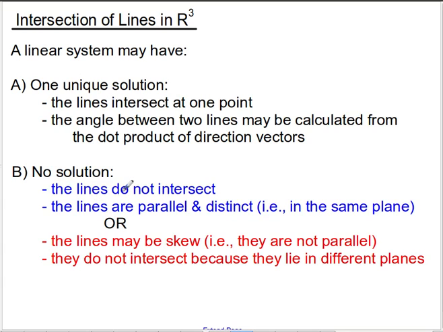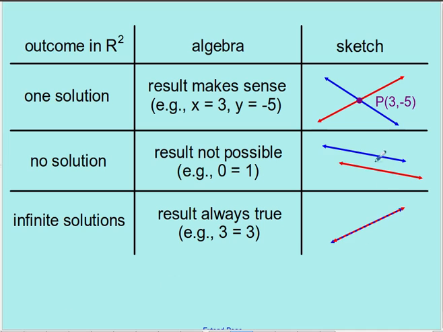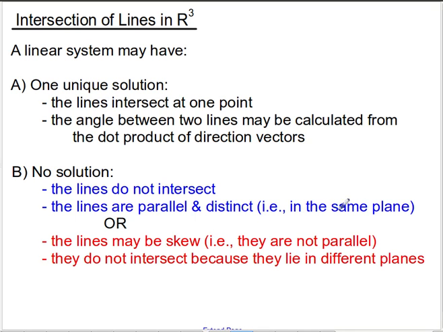Your first option is the lines do not intersect, and the reason for that is that the lines are parallel and distinct. So essentially that means you've got two parallel lines like we had in R2. And if we have two parallel lines, they have to lie on the same plane, or you can make a plane that both of those lines lie on. So that's what we're talking about here, in the same plane.